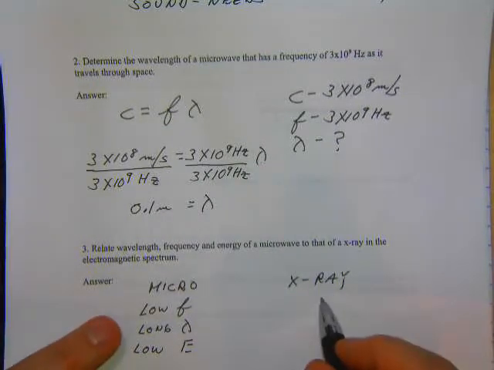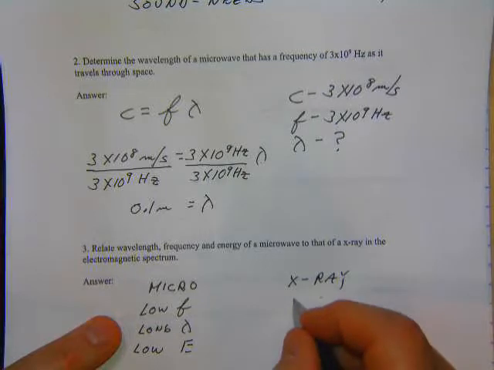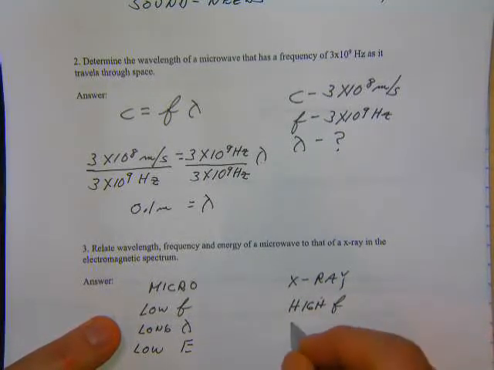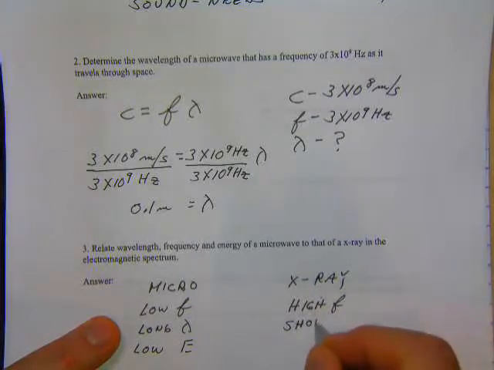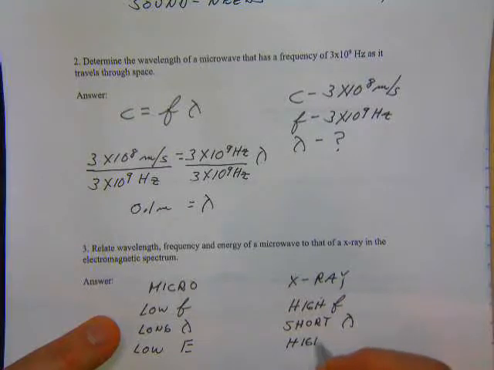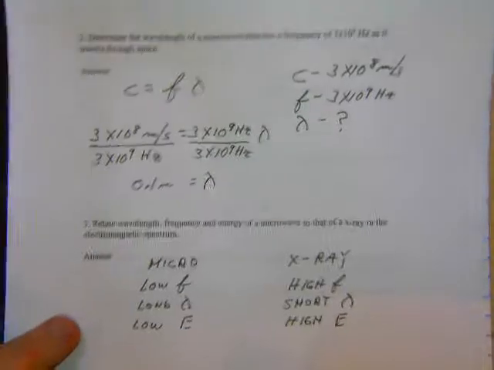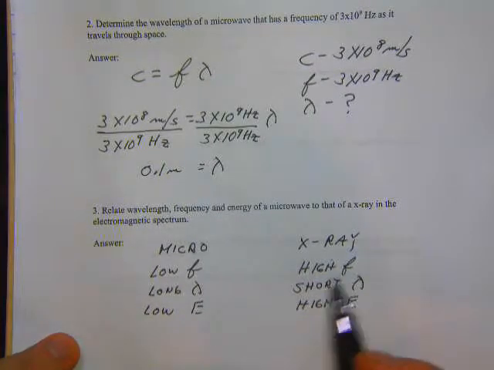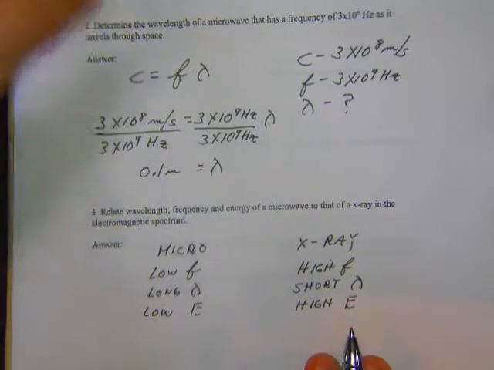An X-ray, on the other hand, has high frequency, so it's going to have a short wavelength, and it's going to have a high energy. When you think about any electromagnetic wave, the higher the frequency, the shorter the wavelength, the higher the energy.